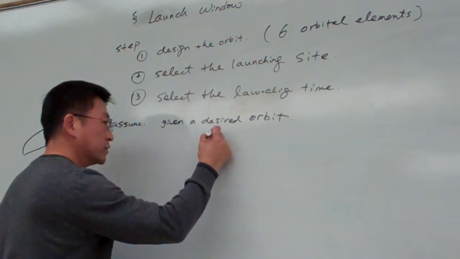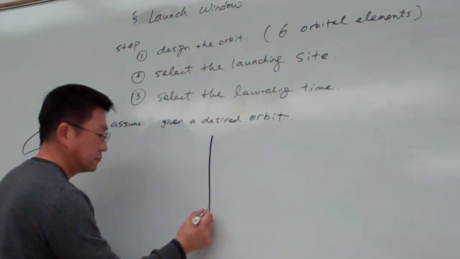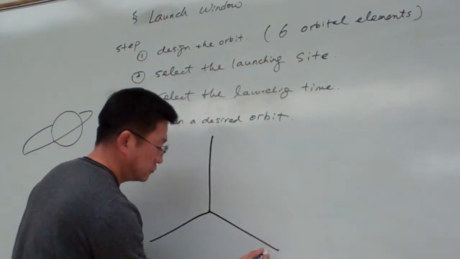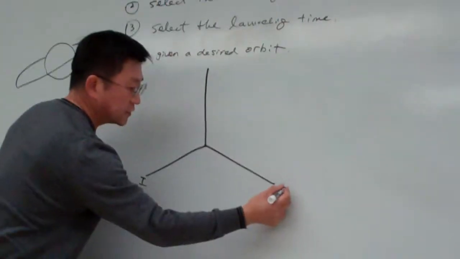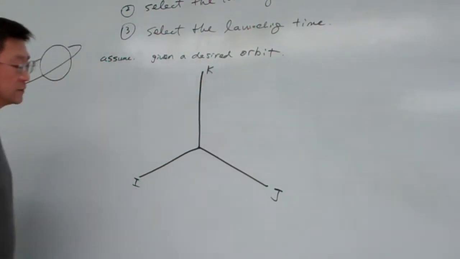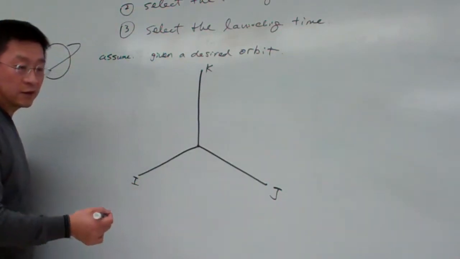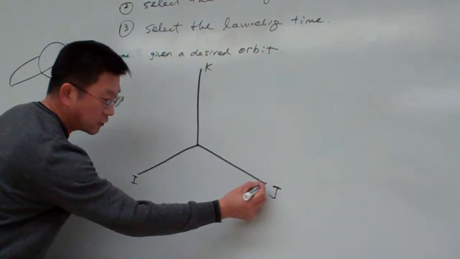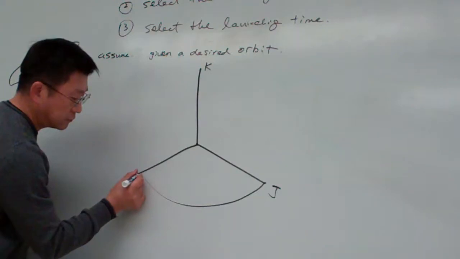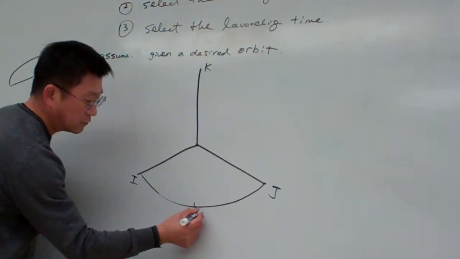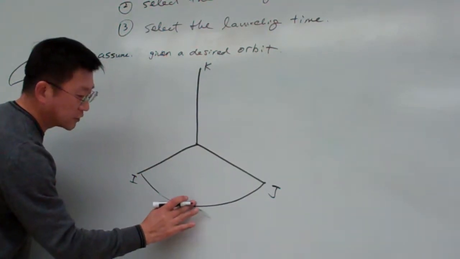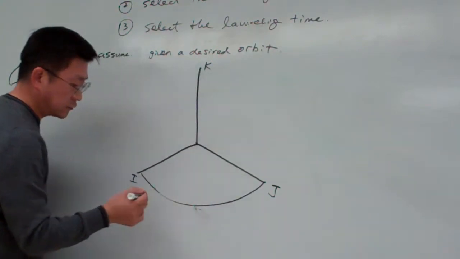Let me define the coordinate systems first. This is the I, J, K coordinate system, and let me define the equatorial plane. Let me write to the side because I have a lot of things to write.